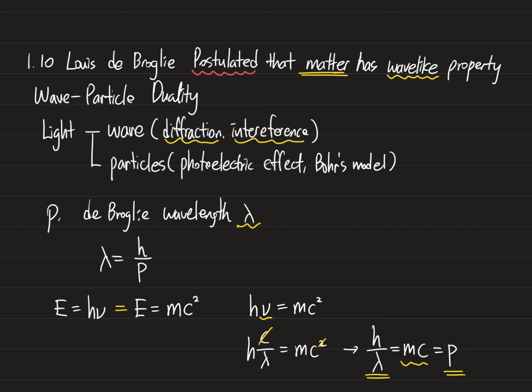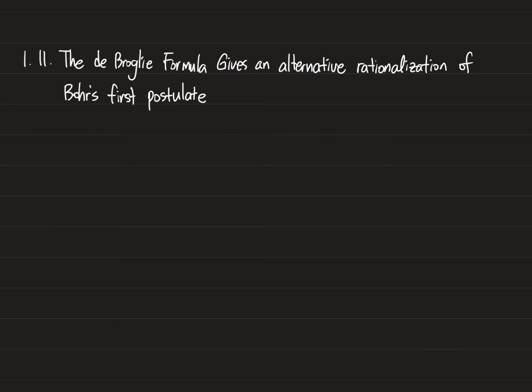So how is the de Broglie formula used to strengthen Bohr's atomic model? Section 1.11, the title is The de Broglie formula gives an alternative rationalization of Bohr's first postulate.